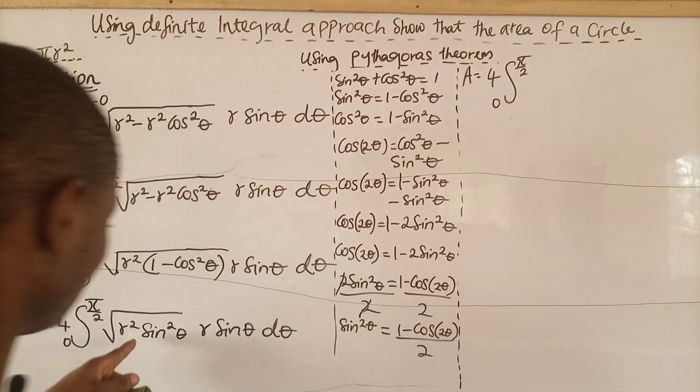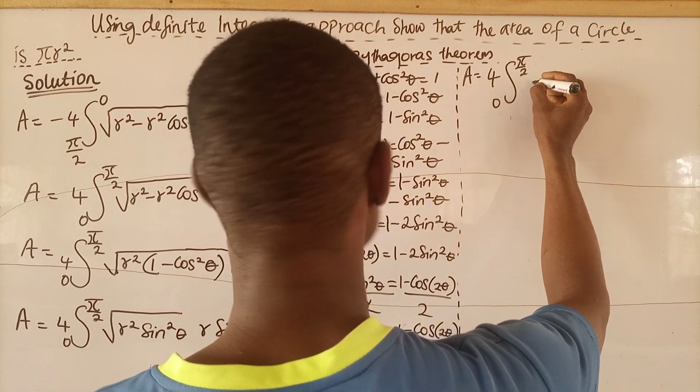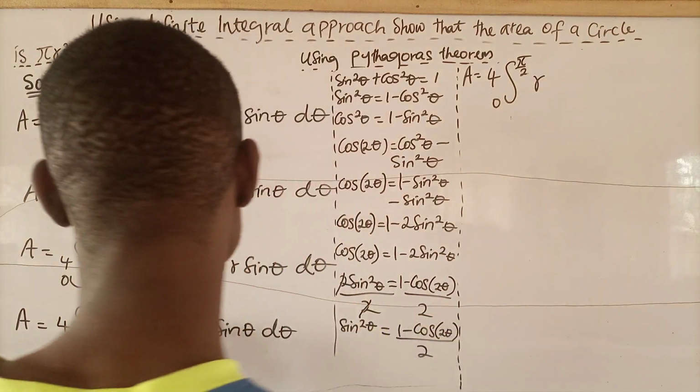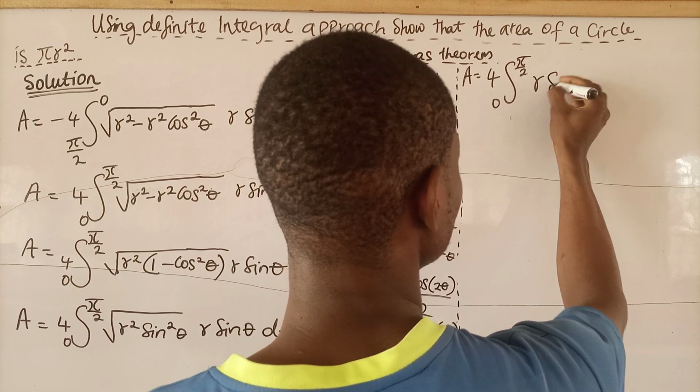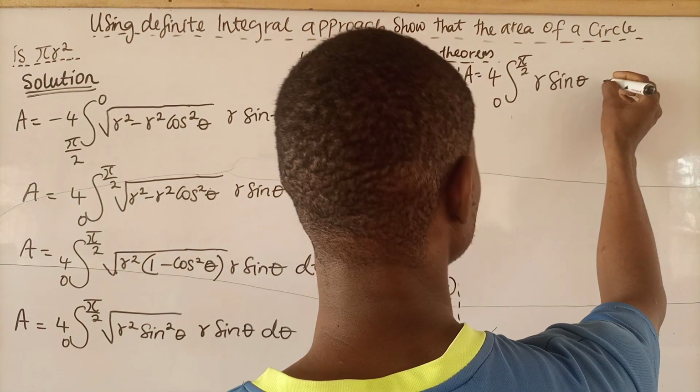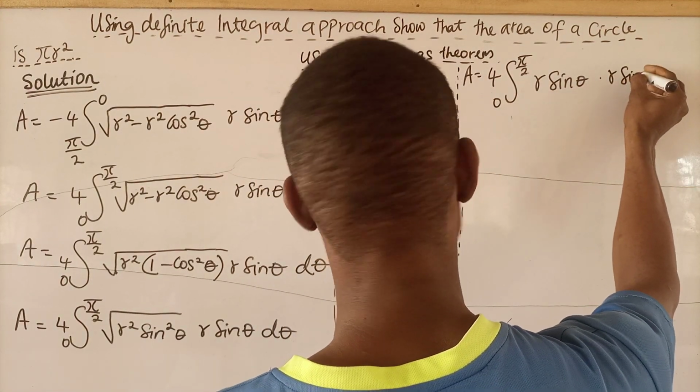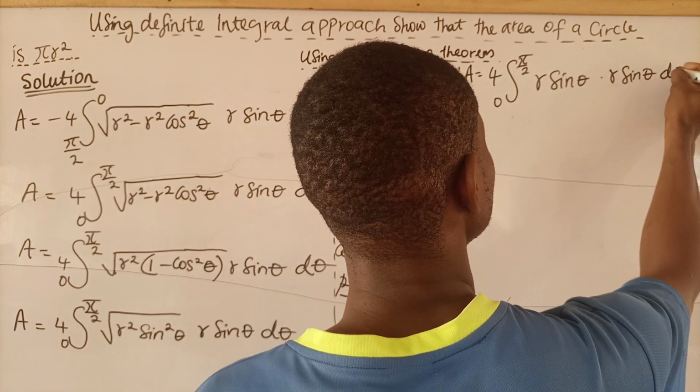Square root of r squared is what? r. Square root of sin squared theta is what? Sin theta. Then times r sin theta d theta.